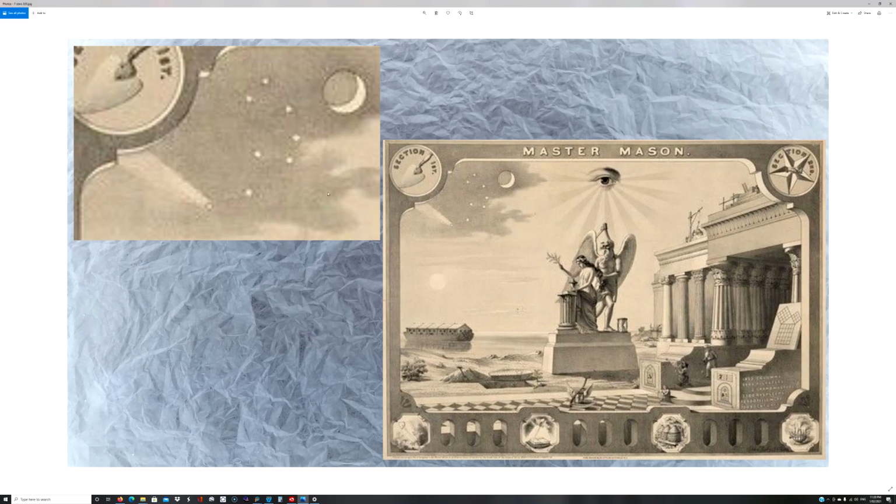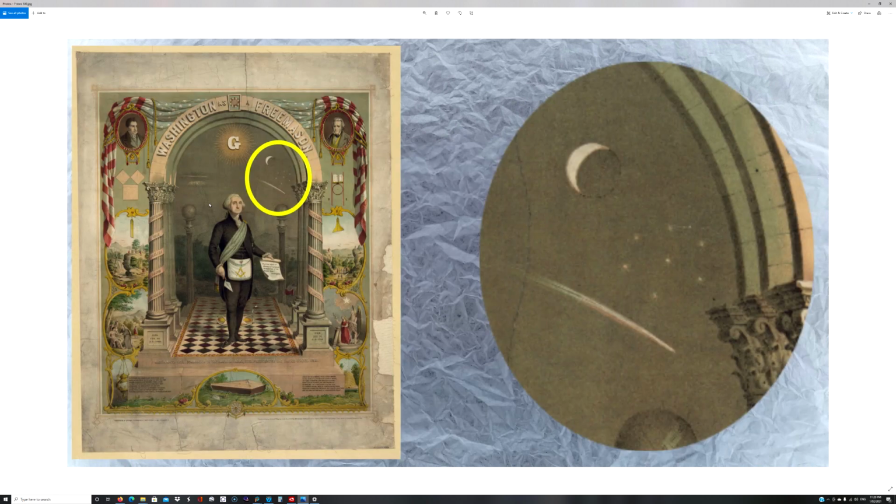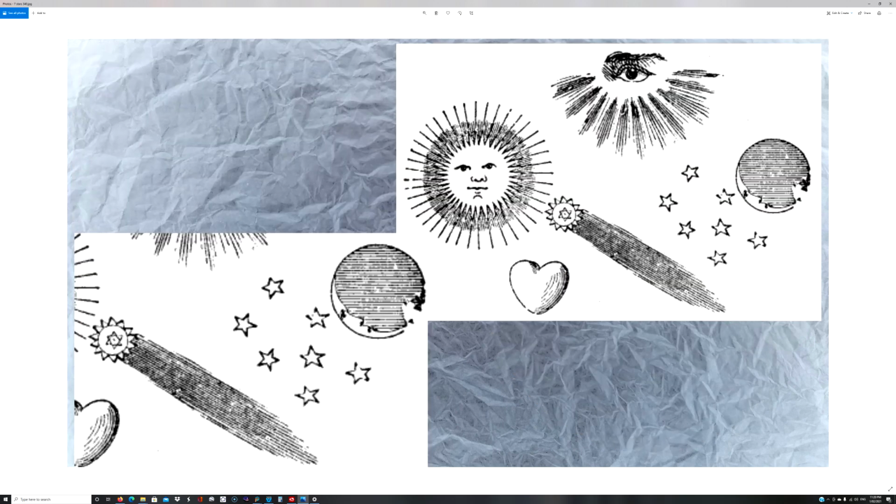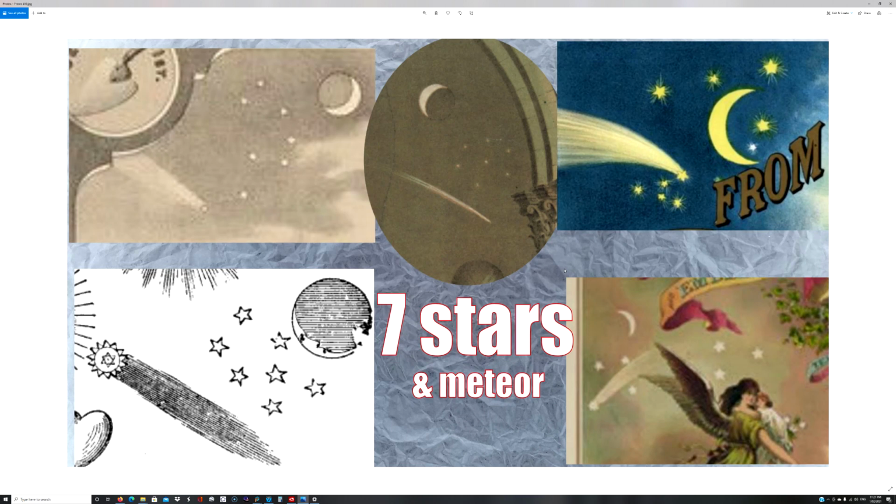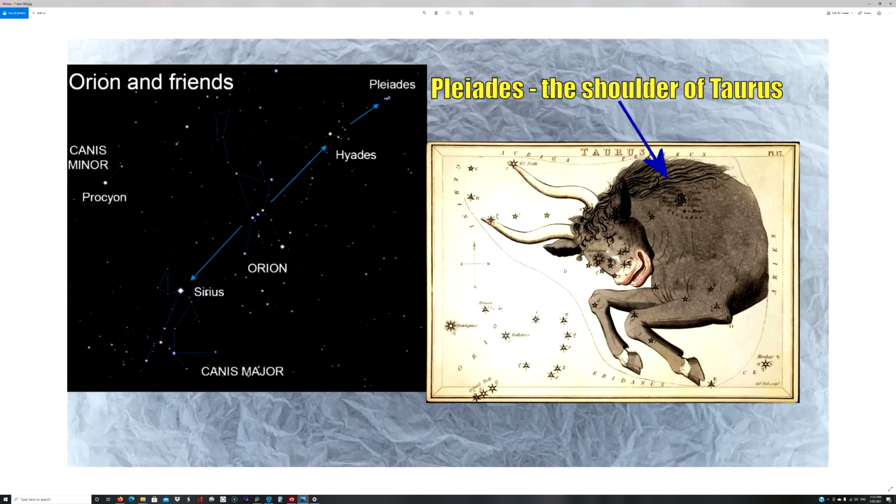Back to this one where we had 7 stars plus the 8th would be this meteor. See how they're all arranged, we've got the different arrangements. This one's 6 around the 7th, but again we have this meteor, and again showed that one, but different arrangements, but notice how often they have this meteor with them.